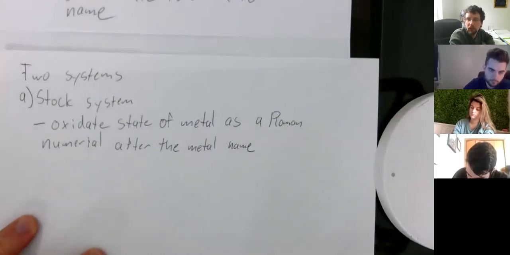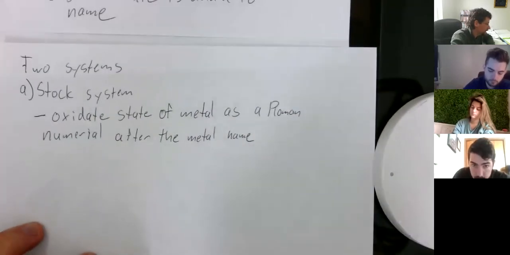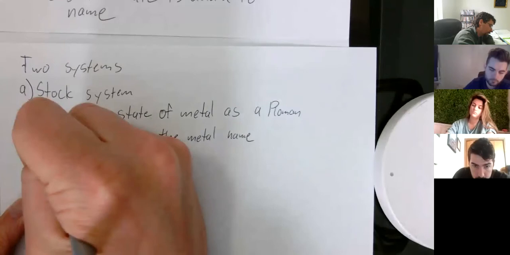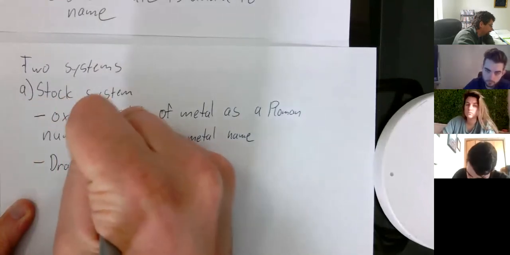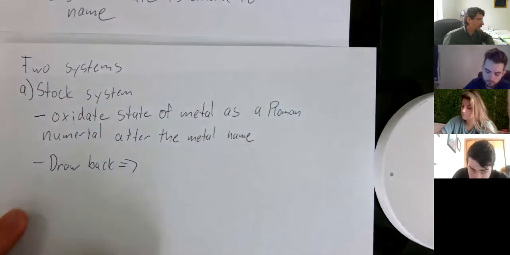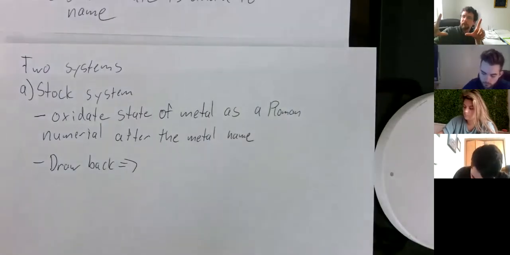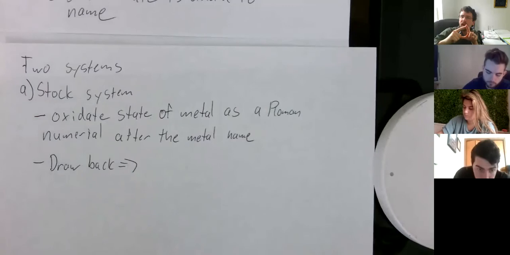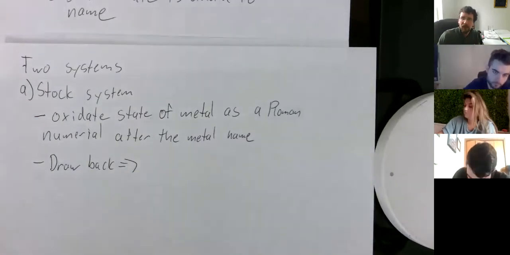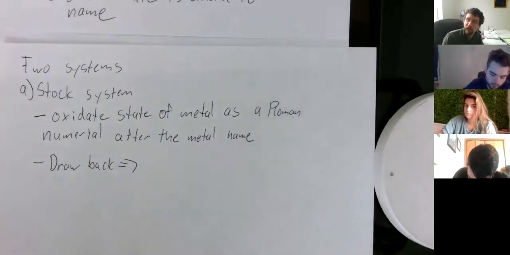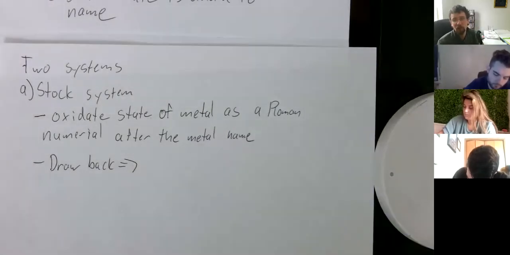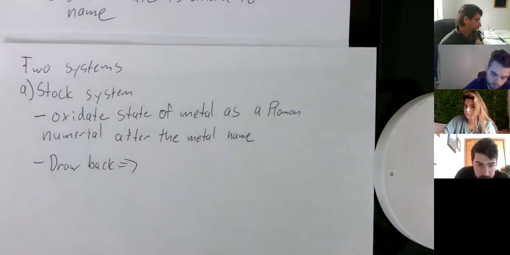This one tends to be the more common practice, but there is a drawback to it. It doesn't work well in systems where the charge is ambiguous or difficult to determine. Like where you have multiple metals paired up with one another, or if the complex itself looks really strange, or you don't have a way to determine what the charge is on that metal set.